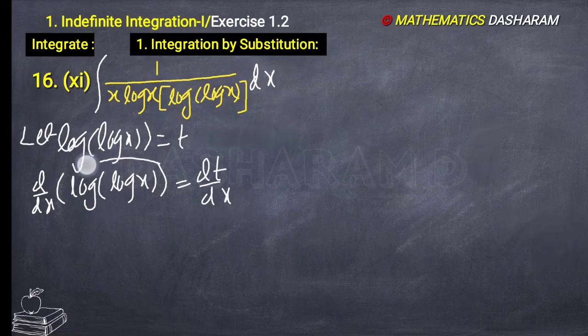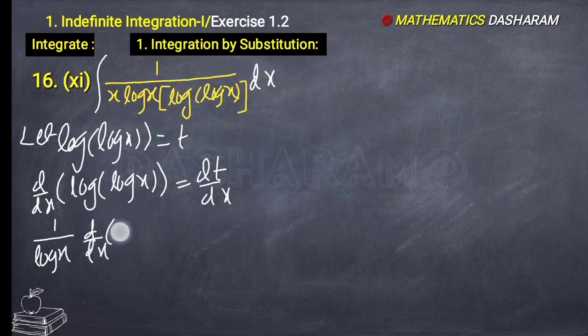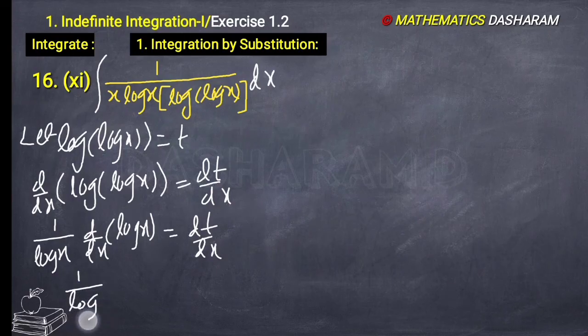First of all, the derivative of log x formula is what? 1 by x, right? So 1 by, in the place of x we have log x, so 1 by log x. Next, do the derivative of the other function, that is log x. So it is equal to dt by dx. So 1 by log x, the derivative of log x is 1 by x.